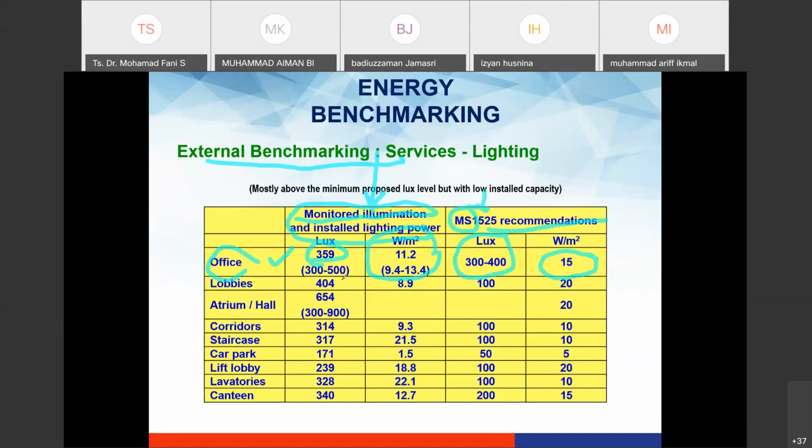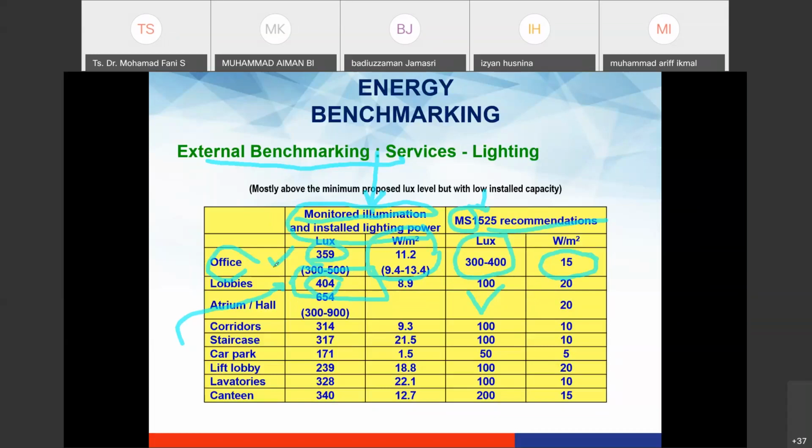So for lobbies, the actual reading using the lux meter is 400. And what does the standard say? The standard puts 100 for the lobby. So this one can be one of the losses for this building. As the auditor, we could suggest some improvement for this lobby area in order to reduce the lux level so that we can save energy.